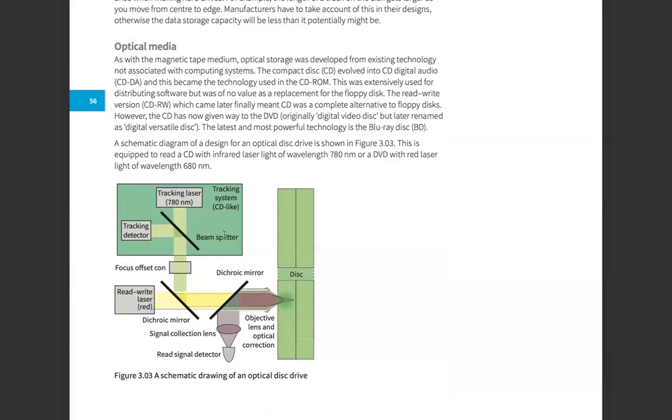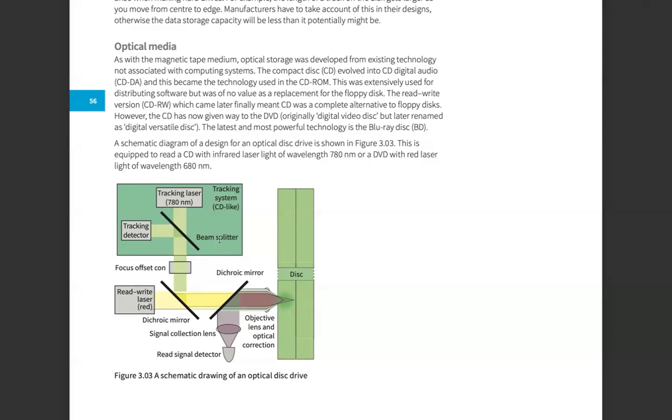At the end we have the disk. Before that, here we have the read signal detector, the pen-like part with which we read what is already written, and the signal correction is there, the dichroic mirror is there, and the objective lens and the optical correction are also there.